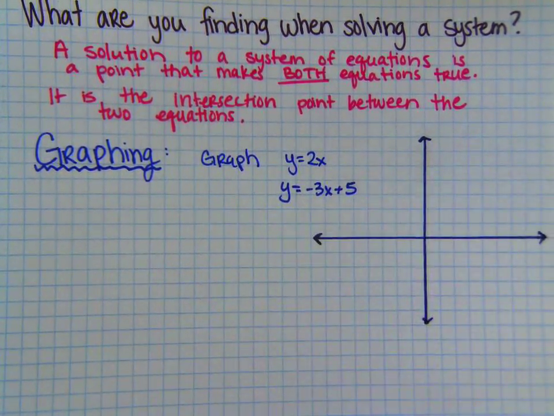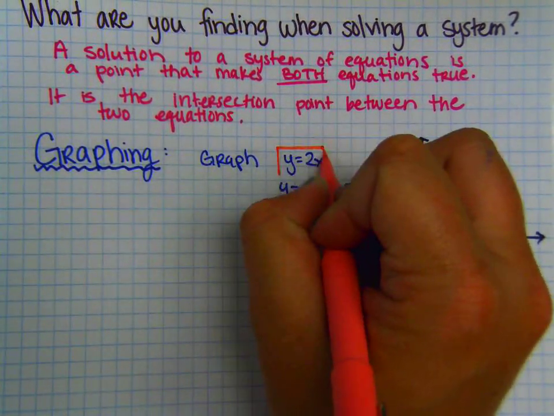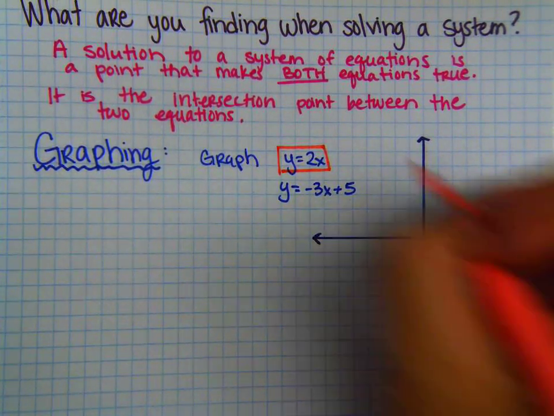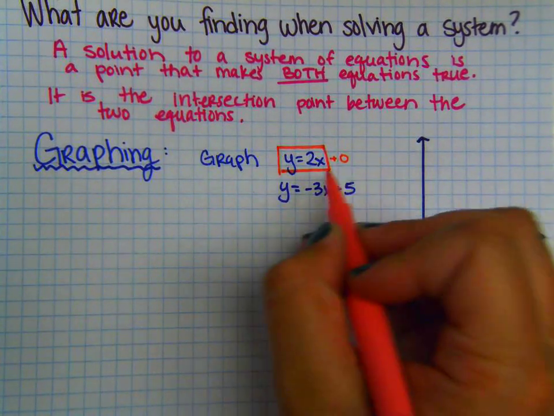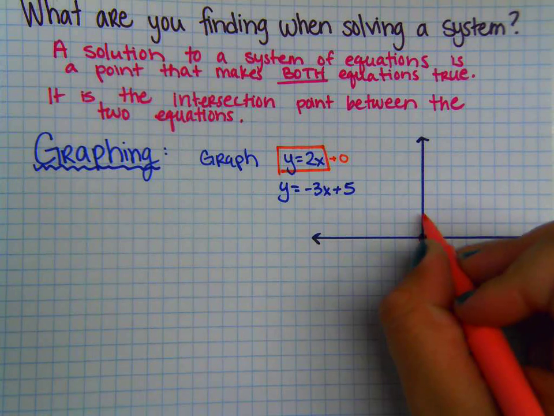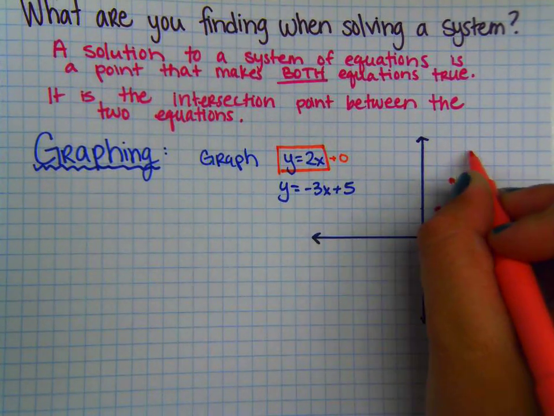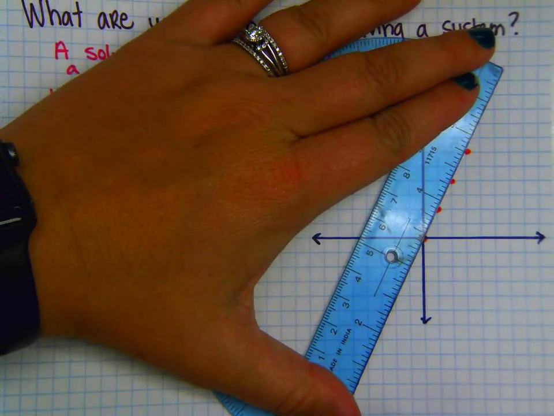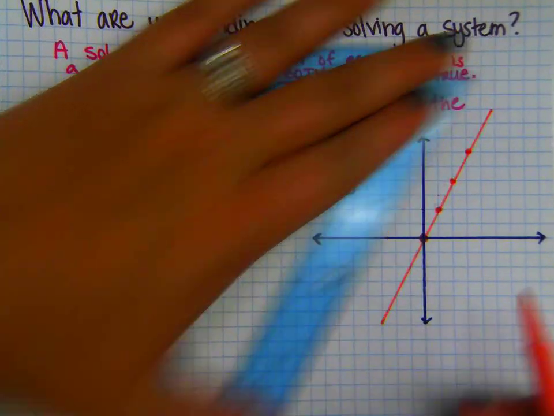Okay, and now I'm going to graph both those lines. So the first one I'm going to graph is y equals 2x. Let's think about what the starting value of that would be. The starting value of that is going to be 0 because there's a little plus 0 on the end there. And then our slope is up 2 over 1, up 2 over 1, up 2 over 1, and then we can make our line from there. So there's our first line.